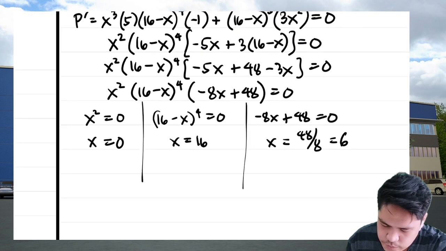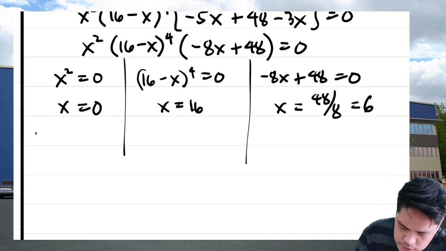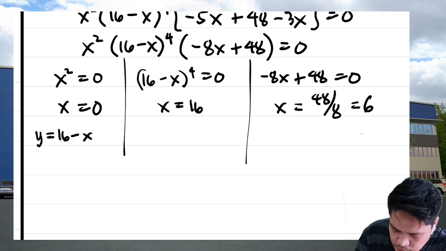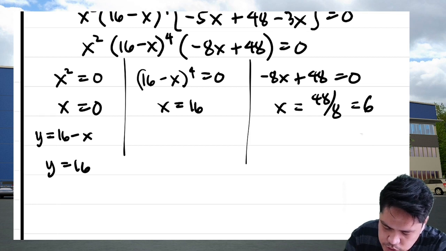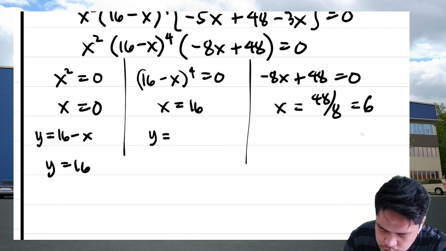Now for the values of y, since y is equal to 16 minus x: when x is equal to 0, y is equal to 16. When x is equal to 16, y is equal to 0, because that would be 16 minus 16.